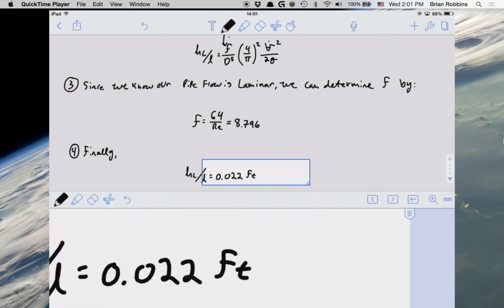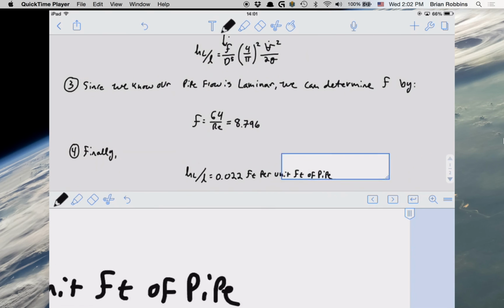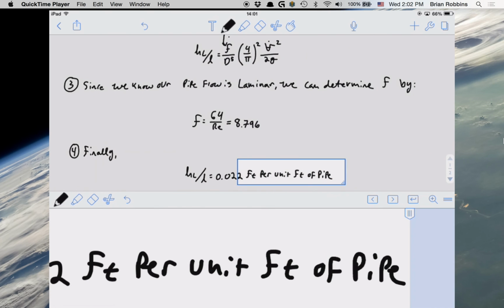feet per unit foot of pipe. So this is non-dimensional, but I just wanted to explicitly say that it's foot per unit foot of pipe, so that if you wanted to use this to calculate something, you know that it's the head loss per unit length of the pipe.